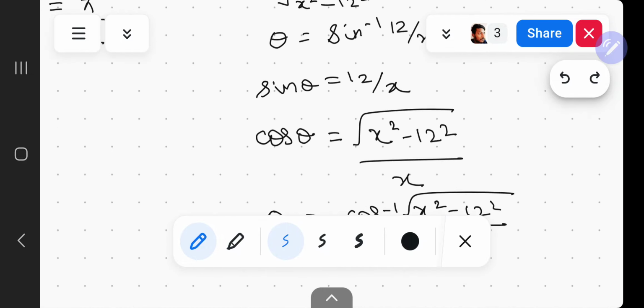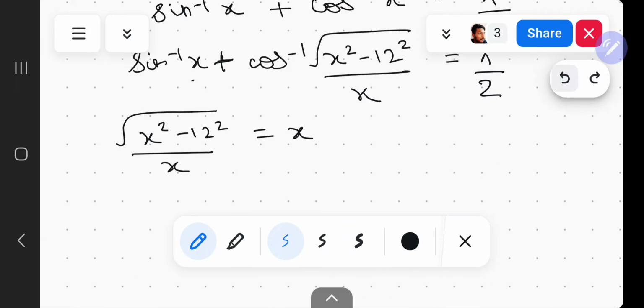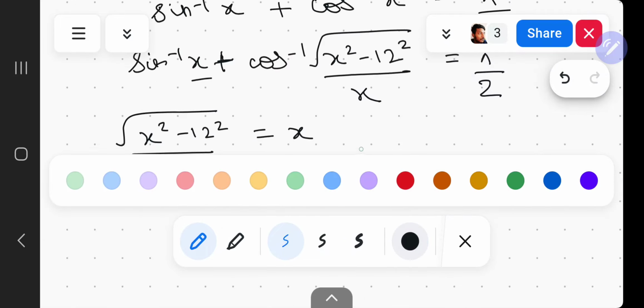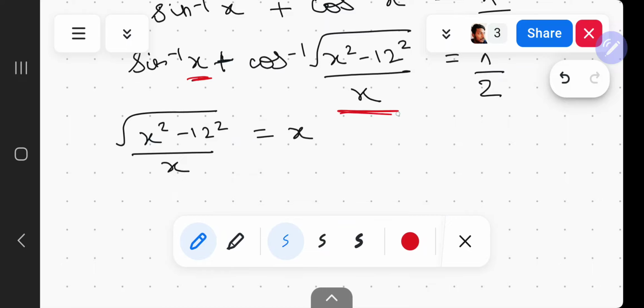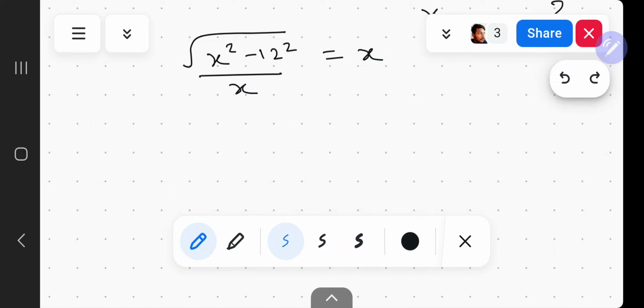Okay, so this is equal to x because see, sine inverse x plus cos inverse x is equal to pi by 2. So both of these must be equal to each other. So under root x square minus 12 square is equal to x square.